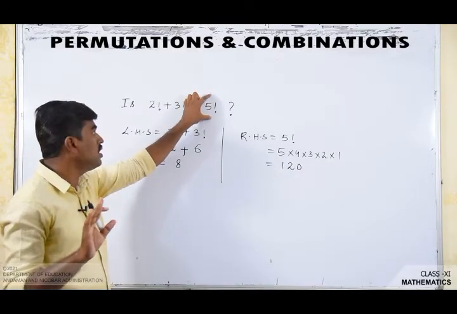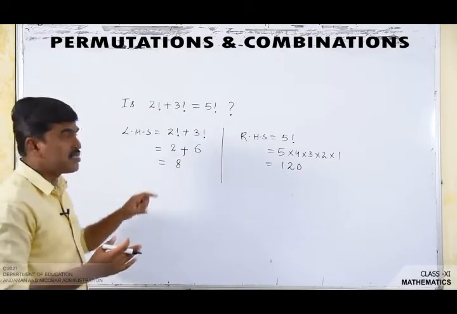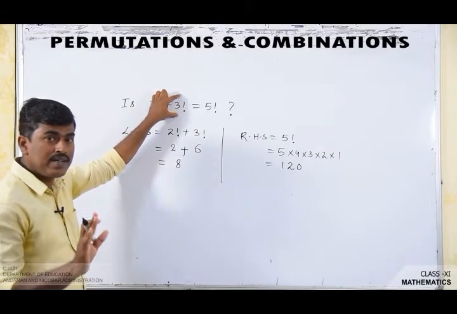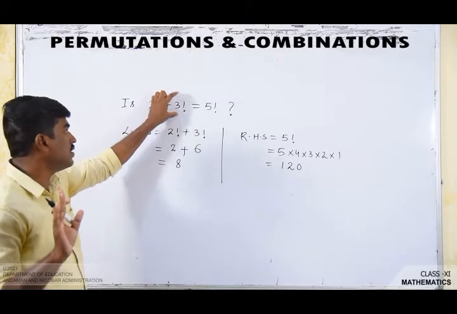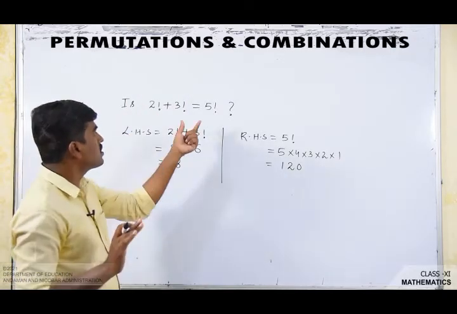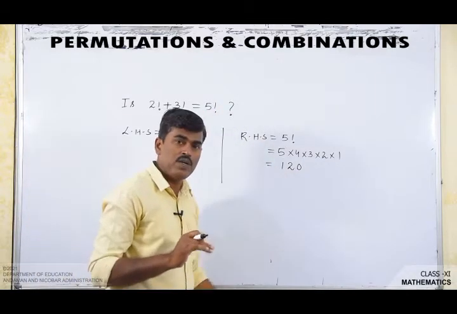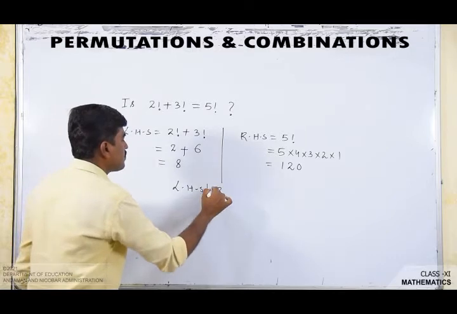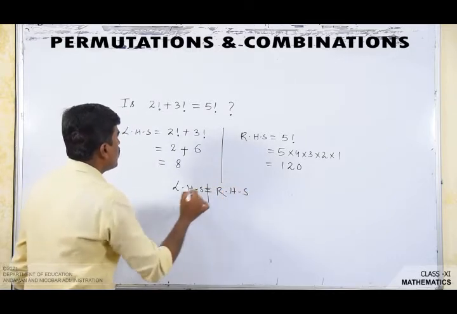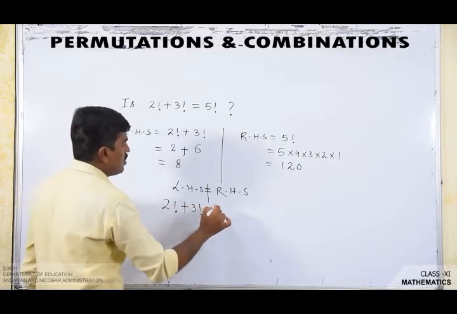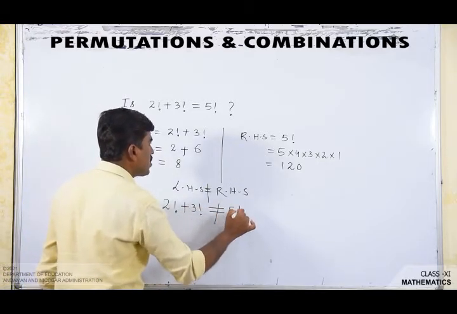So listen carefully, don't add as it is here. If it is 2 factorial plus 3 factorial, then don't write that it is equal to 5 factorial. 2 factorial plus 3 factorial is equal to 8, whereas 5 factorial is equal to 120. So the LHS is not equal to the RHS.